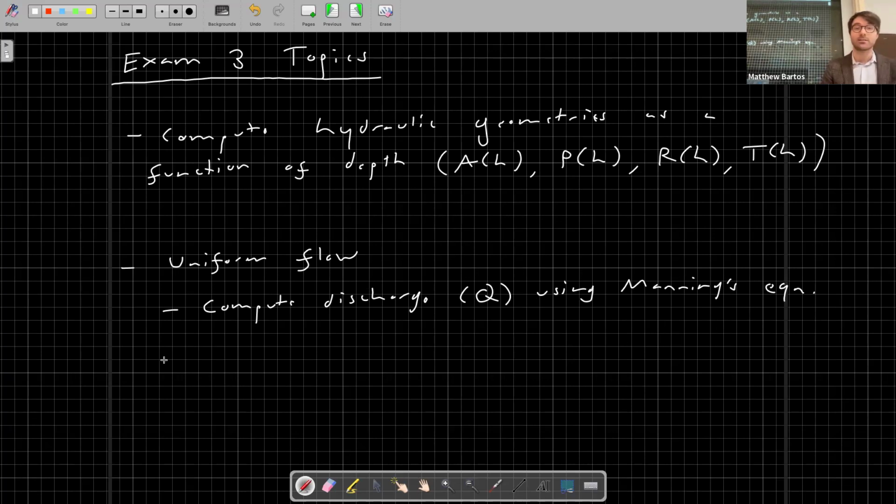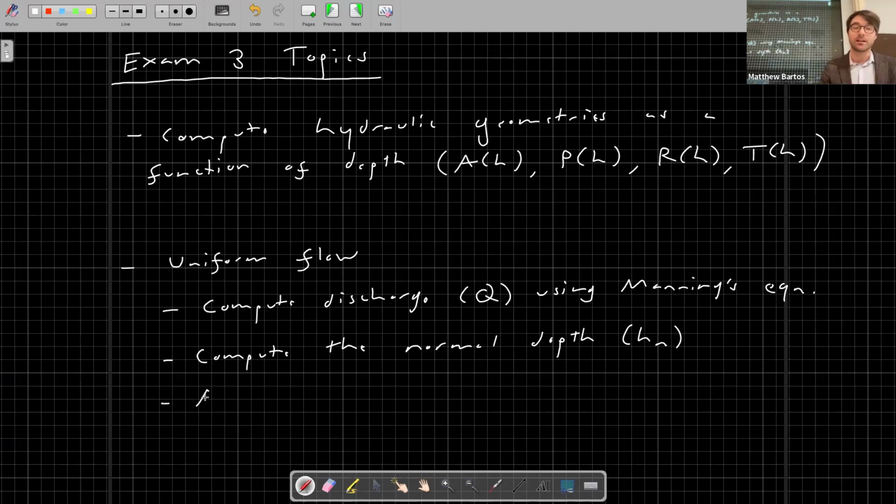You're going to want to know how to compute the normal depth for a given discharge. So remember, the normal depth refers to the depth achieved under uniform flow conditions. So you're going to want to know how to compute the normal depth given a discharge.